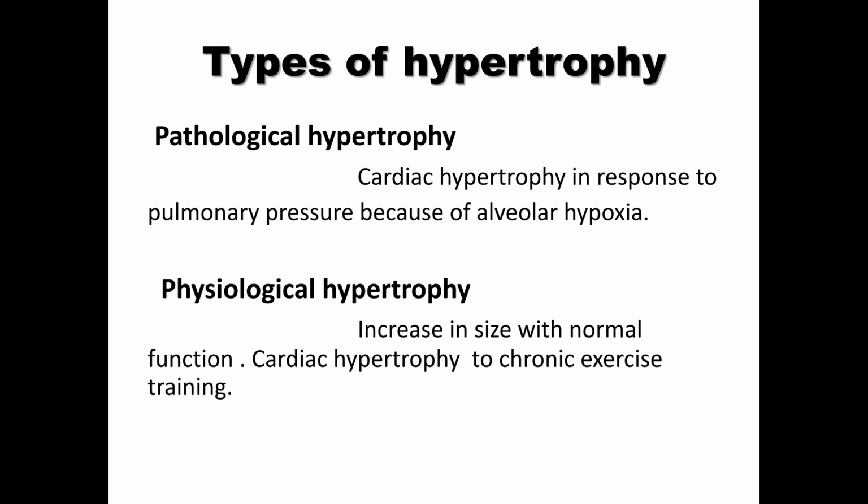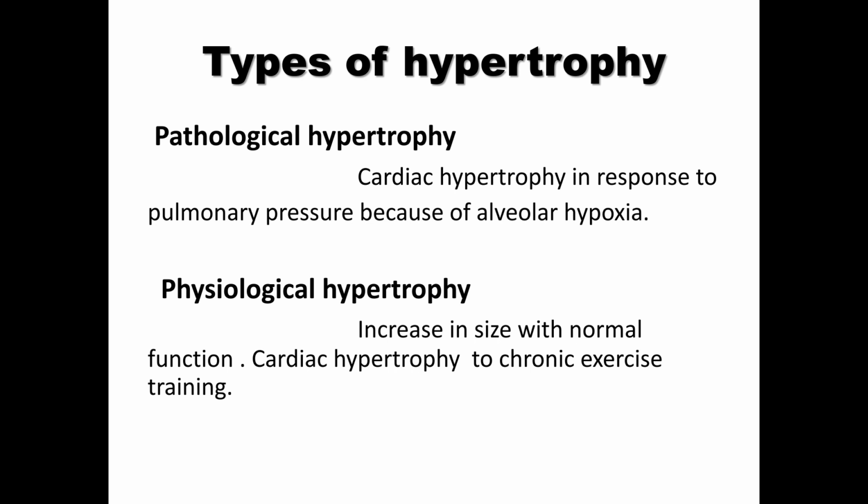Now, physiological hypertrophy is nothing special. It's just the normal functioning of our body, but there is enlargement of the cells or maybe tissues or organs increase in size with normal functioning. There is no problem, but the cells are enlarged, like cardiac hypertrophy due to chronic exercise.